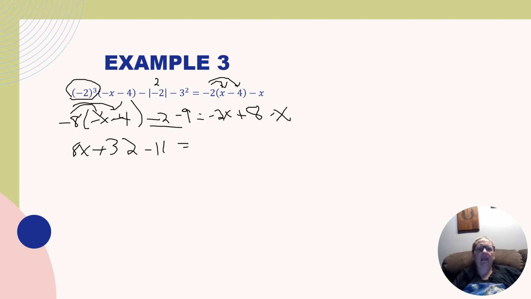And then on the other side, I'll go ahead and combine my x terms over here. So I have negative 2x and negative x makes negative 3x. All right, now I want to combine my number terms over here. So 8x, 32 minus 11 is 21.